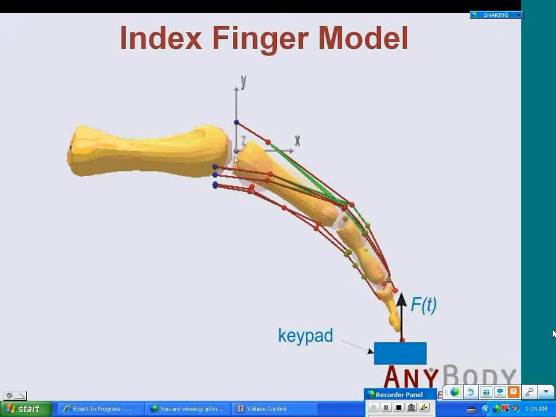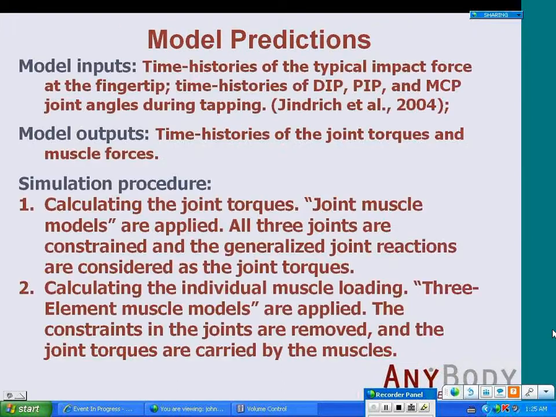Second is the contact force. Because it's inverse dynamics, it's impossible to do a finite element simulation of real contact considering the tissue mechanical properties. In this kind of model, we can only use the measured contact force as input. So the simulation input is a history of typical impact force at the fingertip.